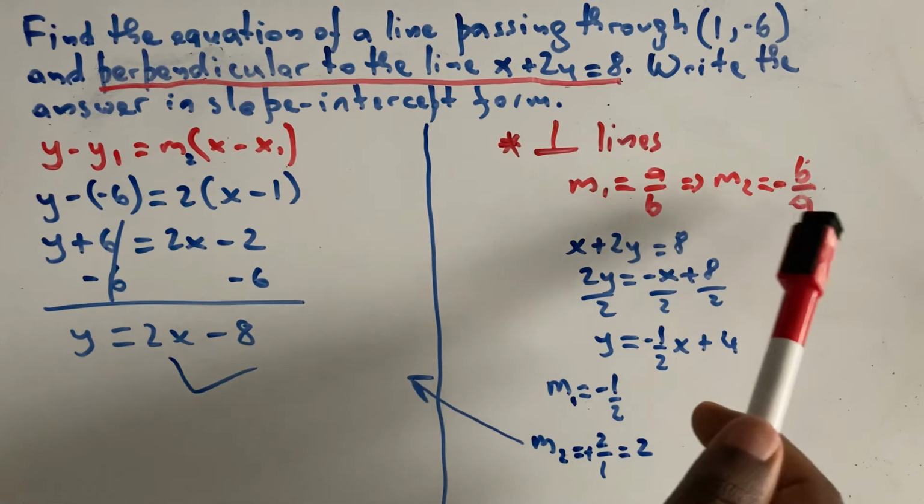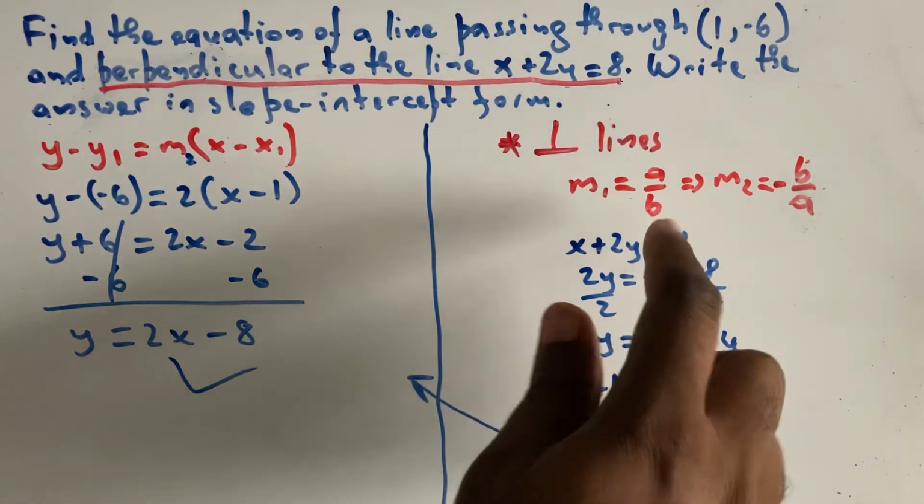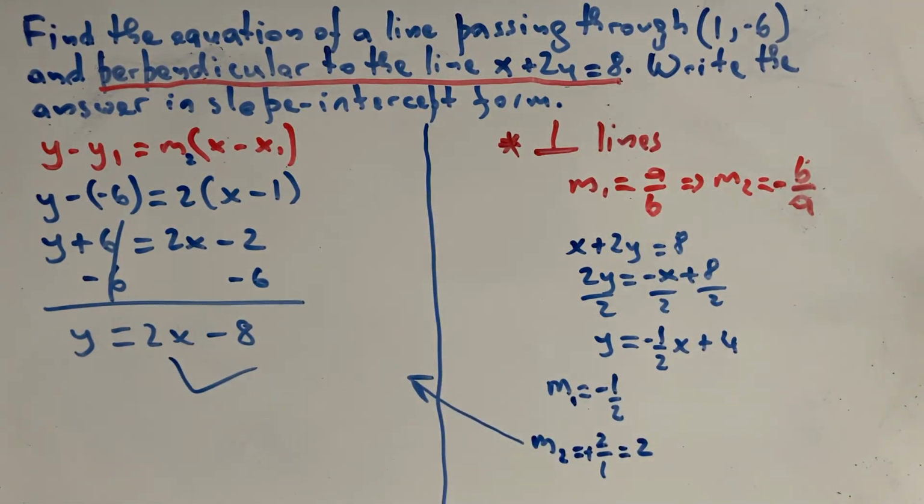The slope of the second line is the negative reciprocal of the slope of the first line, and vice versa. As long as you have one slope, you can flip it, change its sign, and it will give you the slope of the other line if the two lines are perpendicular. From the last example, when the lines are parallel, then they have the same slope.